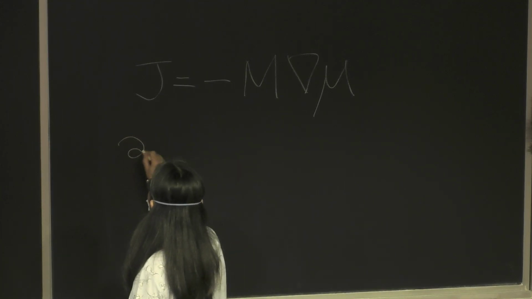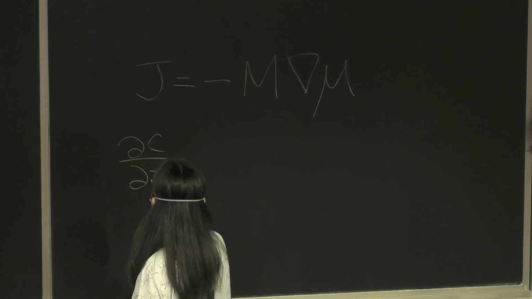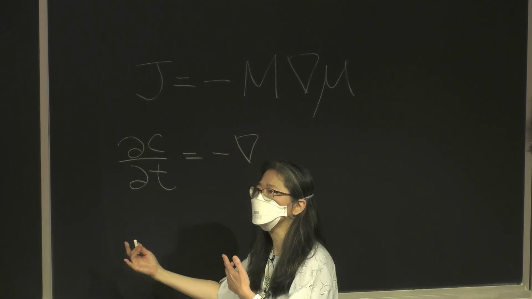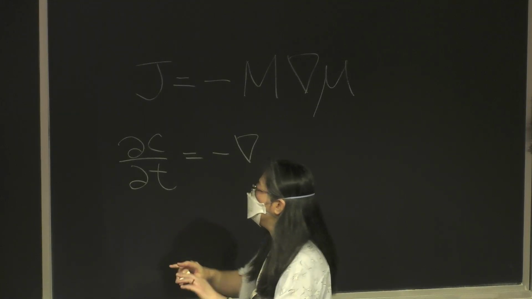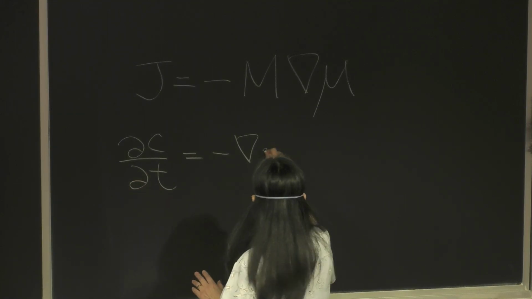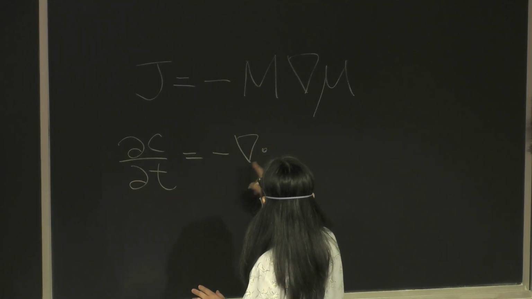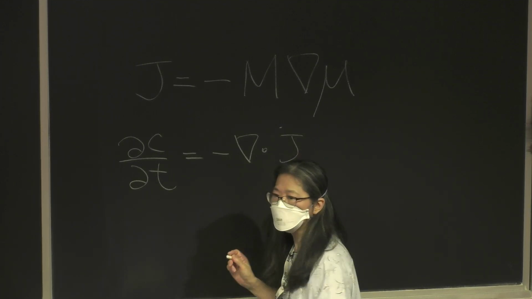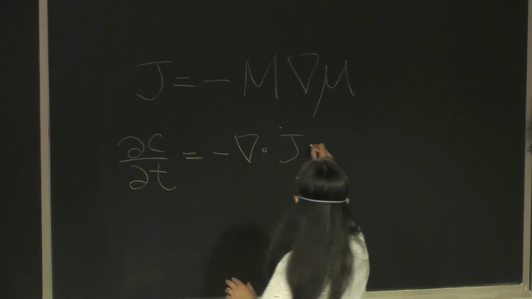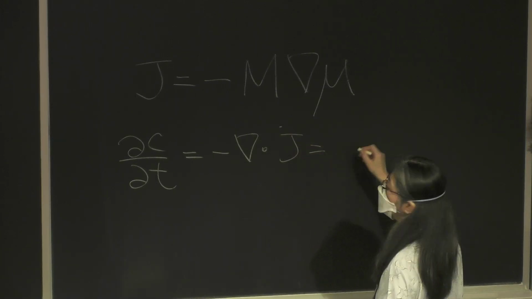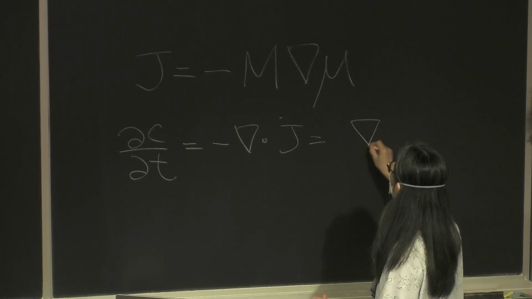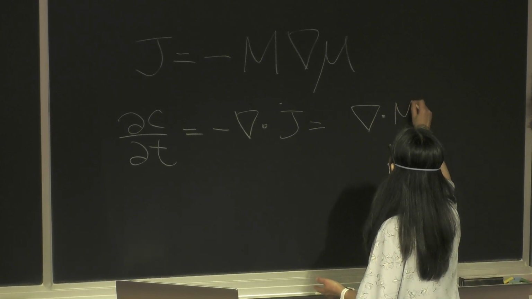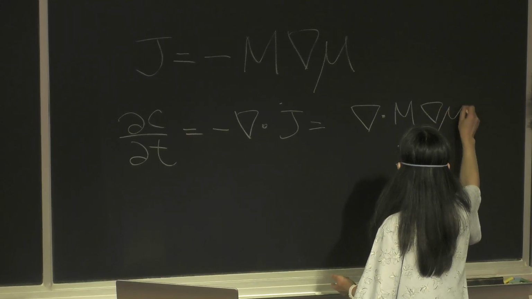And then the mass conservation equation is just given by what comes in versus what goes out, which is given by this minus divergence of the flux, right? Like this. And by combining, minus and minus cancel out, you get grad dot M grad mu.